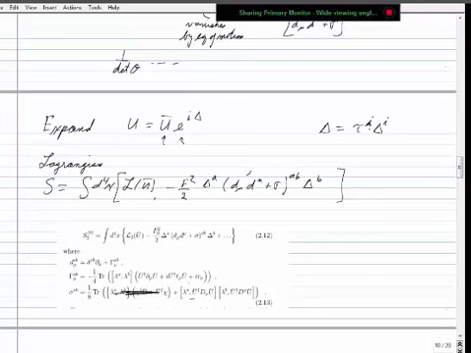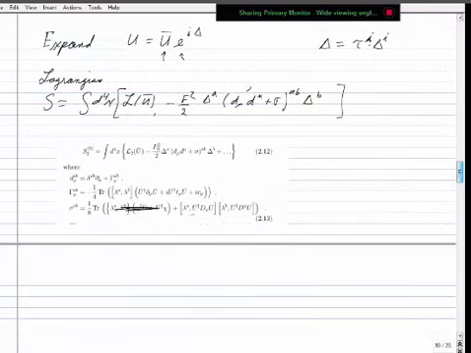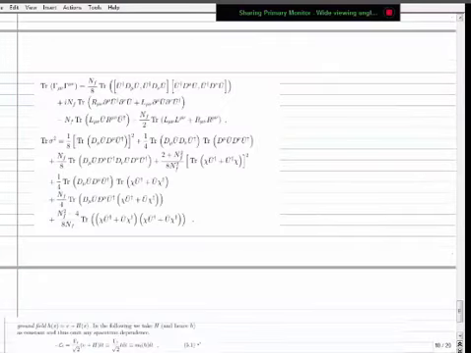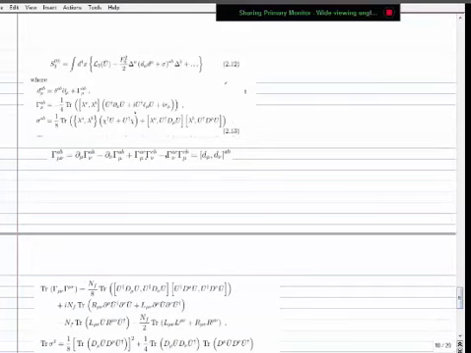Delta is going to be, in the 2 by 2 case, tau i delta i. I've put it in this form because this is a unitary matrix.